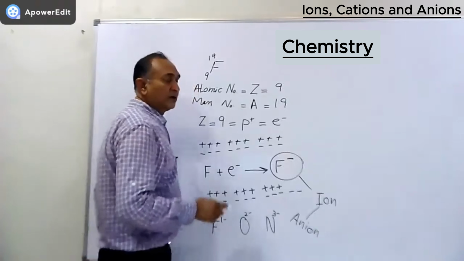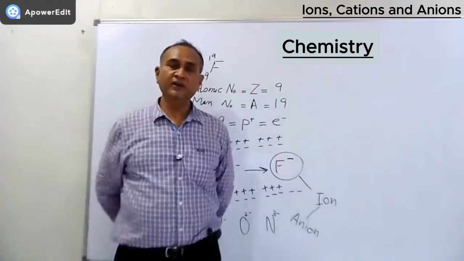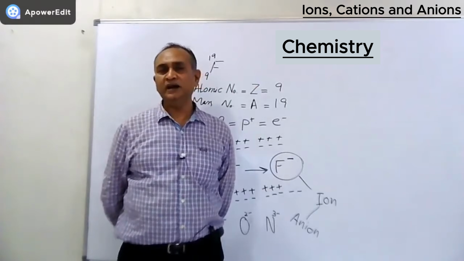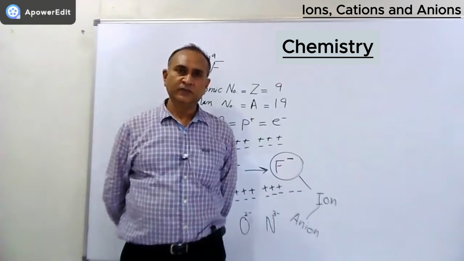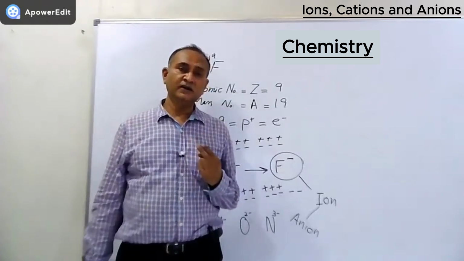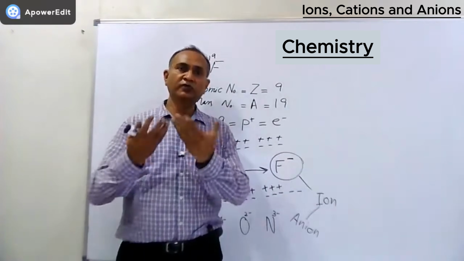So what is the definition here of an ion? As you will see on the screen, an ion has unbalanced protons and electrons. It means there are two ways. Either you take an electron or you donate an electron.